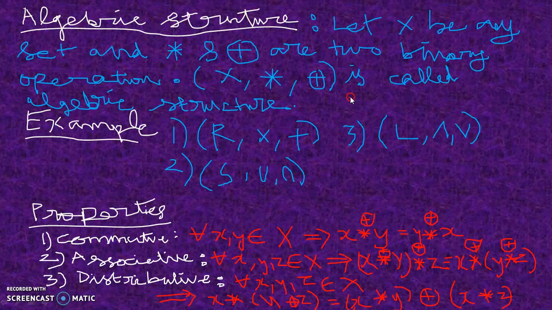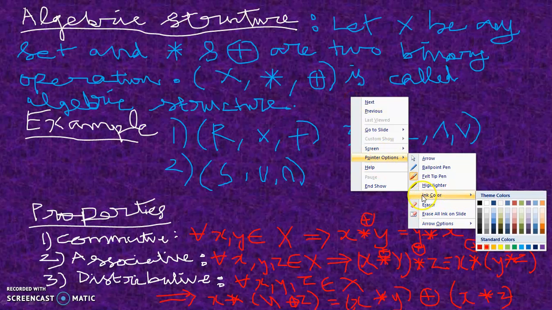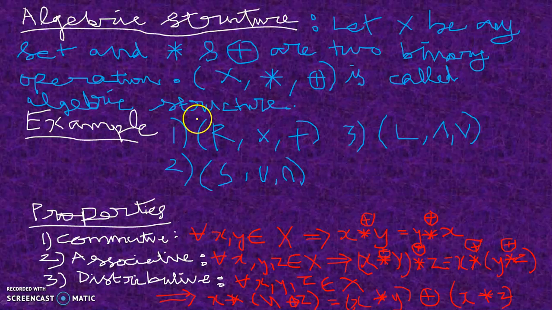Now let me take another ink so that you can understand very easily. Now this is what I am taking and applying these properties. First property is commutative. For all x, y belonging to the set of real numbers R implies x plus y, the addition of x and y, is exactly equal to y plus x in addition.